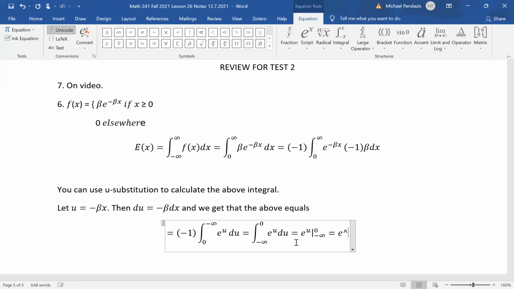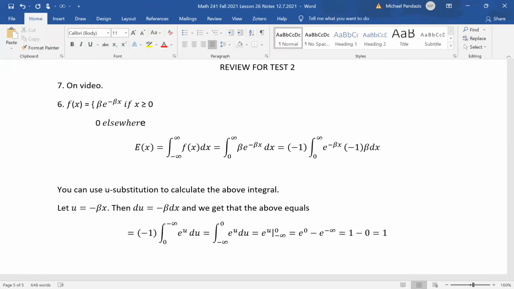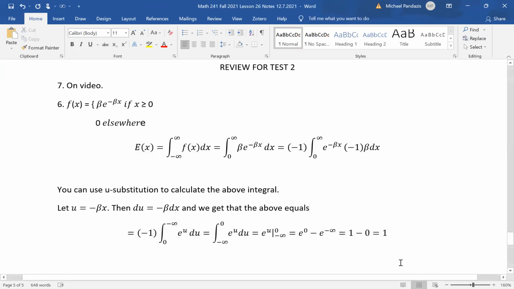And so this is just e to the 0 minus e to the negative infinity. And this is equal to 1 minus 0, which is 1. Okay, and so the expected value is 1. Okay, and so that's the answer.